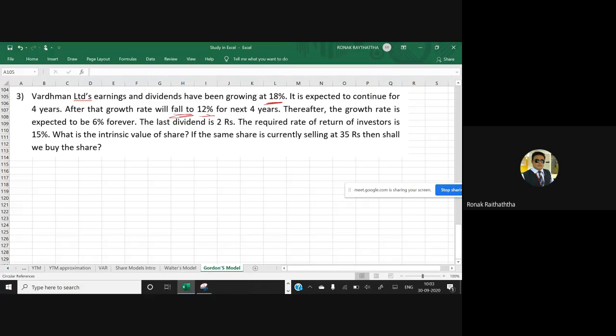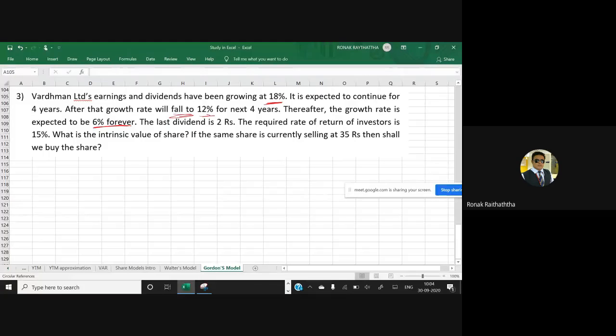So for the next 4 years, the growth rate expectation is going to be 12% from this Vardhaman Limited. Thereafter, the growth rate is expected to be 6% forever. So from the 8th year onwards, effectively from the 9th year's beginning onwards, the growth rate expectations will be settled. That will remain constant for the rest of the life of equity shareholders, which will be 6%.